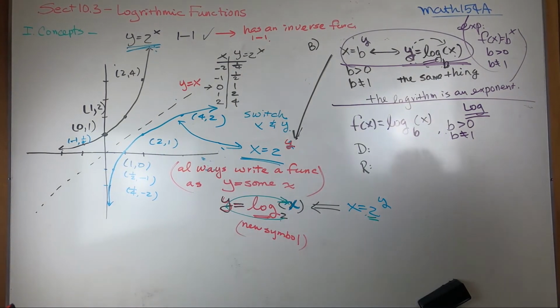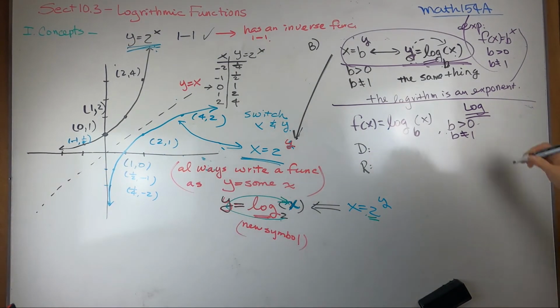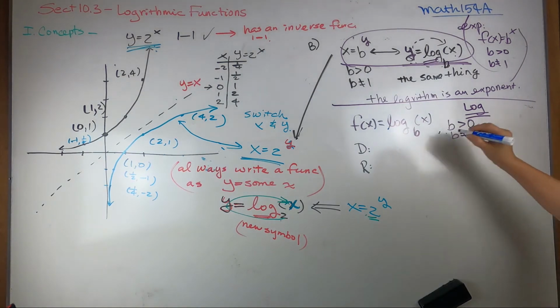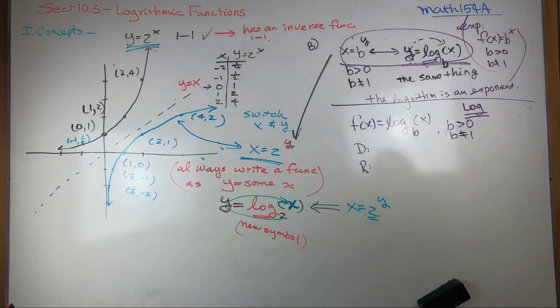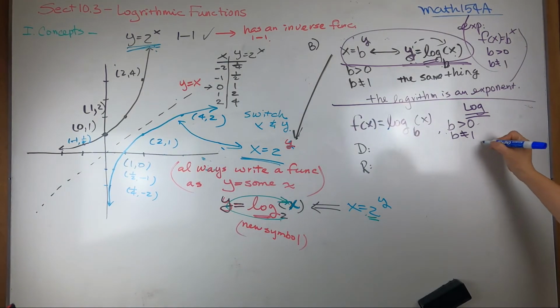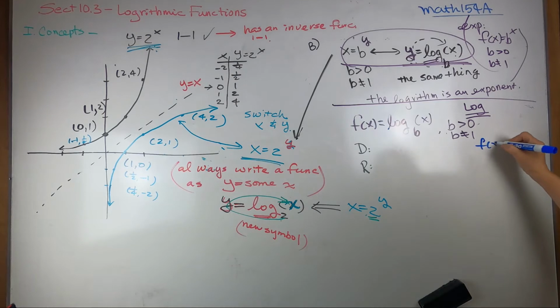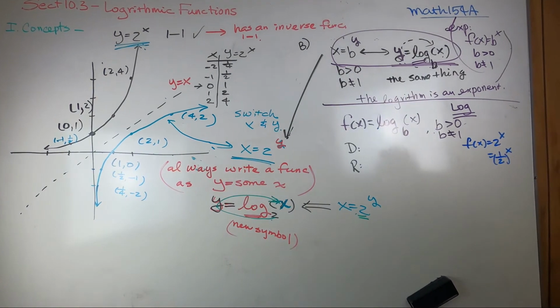So when it's bigger than 0, we have two conditions. We talked about that, right? Remember, when the base, we had an example. For the log function, it can be f of x equals 2 to the x power or half to the x power, right?